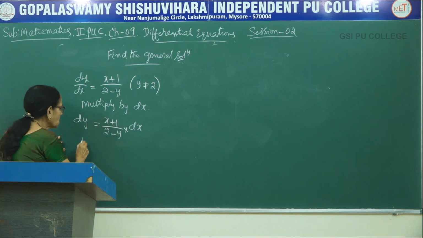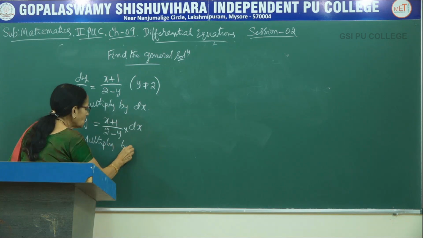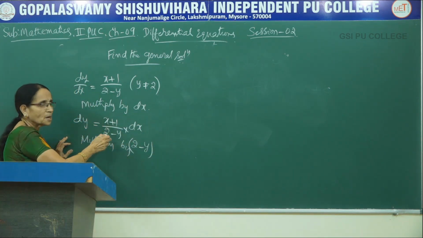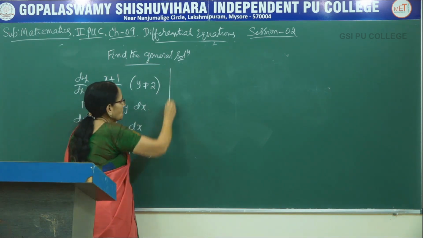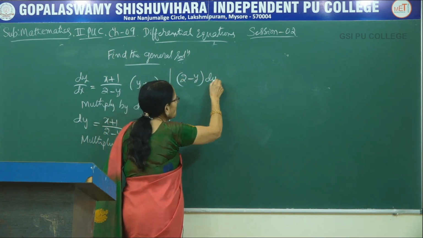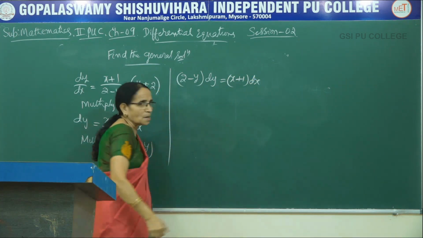The same thing here also, multiply by what? 2 minus y. So when you multiply both the sides, here it gets cancelled, here it goes to the numerator. Therefore, we now have 2 minus y into dy, that is equal to x plus 1 into dx.